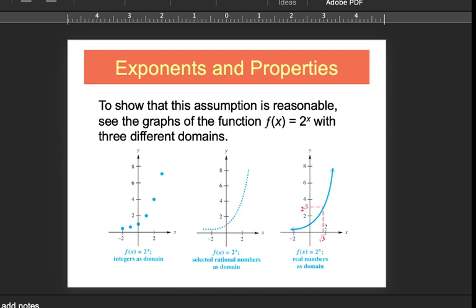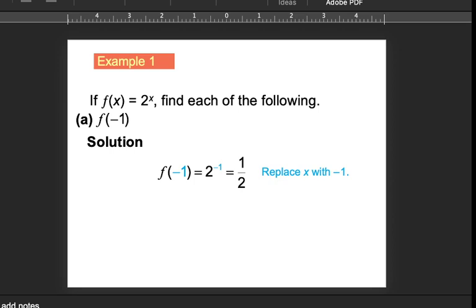Let's see, additional properties. There's a lot of properties here, so I want us to move to example 1. Take a moment to go into the classwork. It should be something labeled exponential functions and compound interest, I believe.